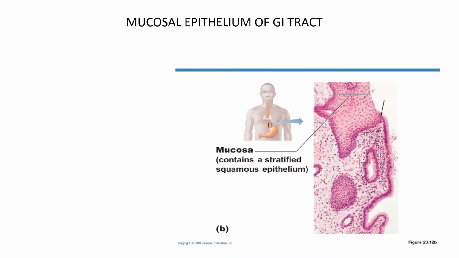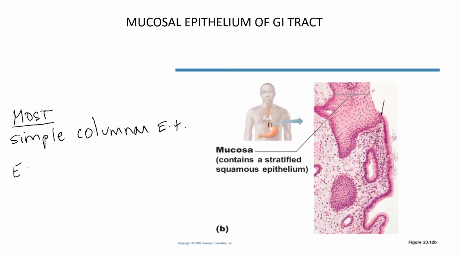Most of the mucosal epithelium of the GI tract consists of the same type of tissue: simple columnar epithelial tissue. However, there are 2 exceptions.